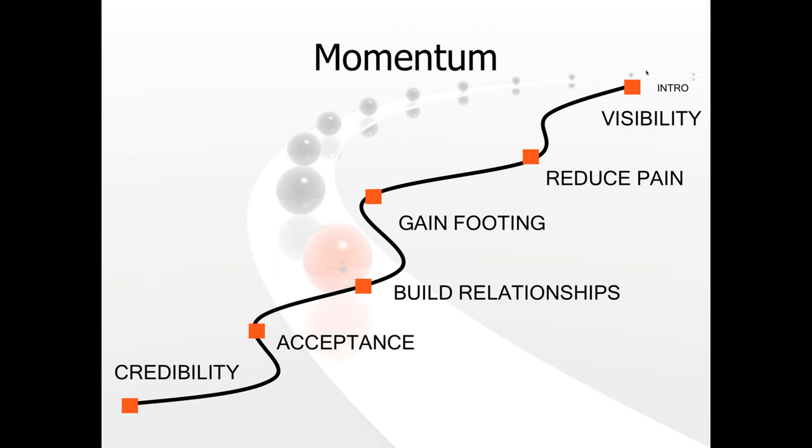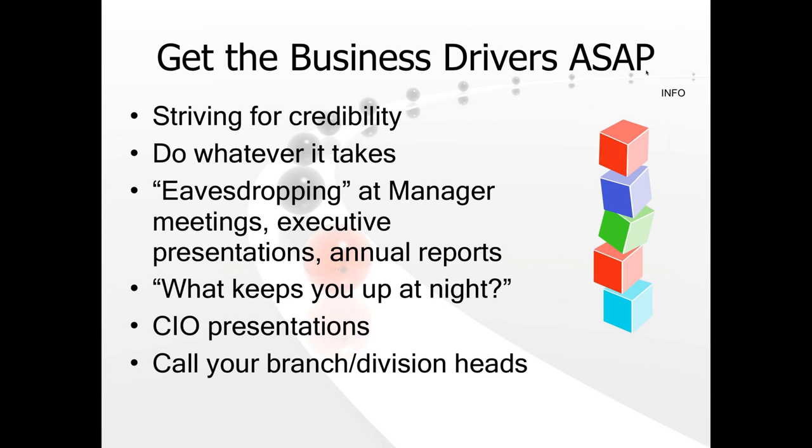I also wanted to make sure that I could reduce the pain that my organization was currently feeling in some way within the current lack of enterprise architecture or the technology plan. And then finally, I had to use that assistance to help me gain visibility in the organization for myself as well as my program. So we'll move on here. Some of the things that I felt like I had to do early was I had to get the business drivers as soon as possible.